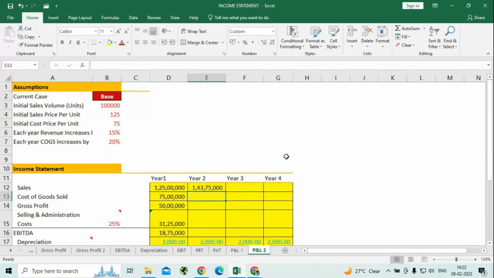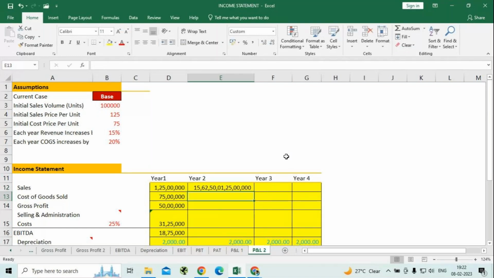Good. The same thing we can also do like this: equals year 1 value into, open the bracket, 1 plus the percentage of increase, 15%. Sorry, it is not the year 1 value, it is the percentage of increase.